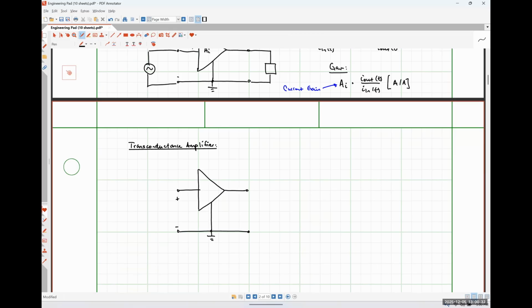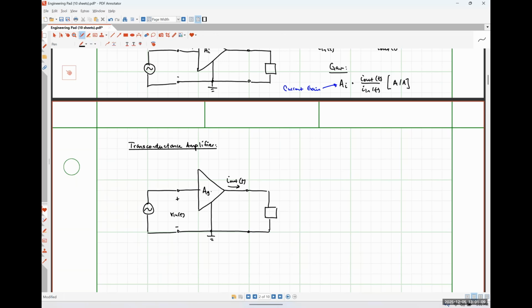So here is V in of t, I out of t. And once again, I'm going to attach my signal source and the load I'm trying to drive. So this is going to be a gain of A sub G.